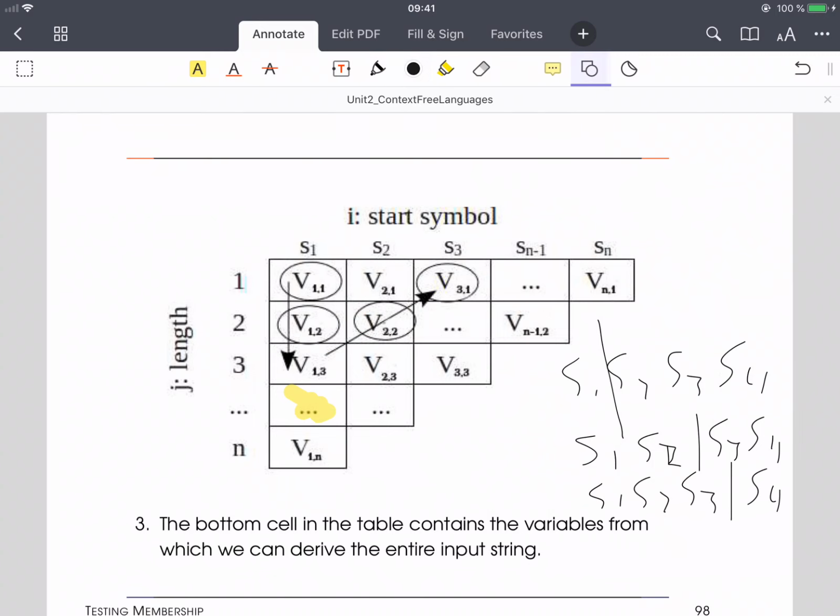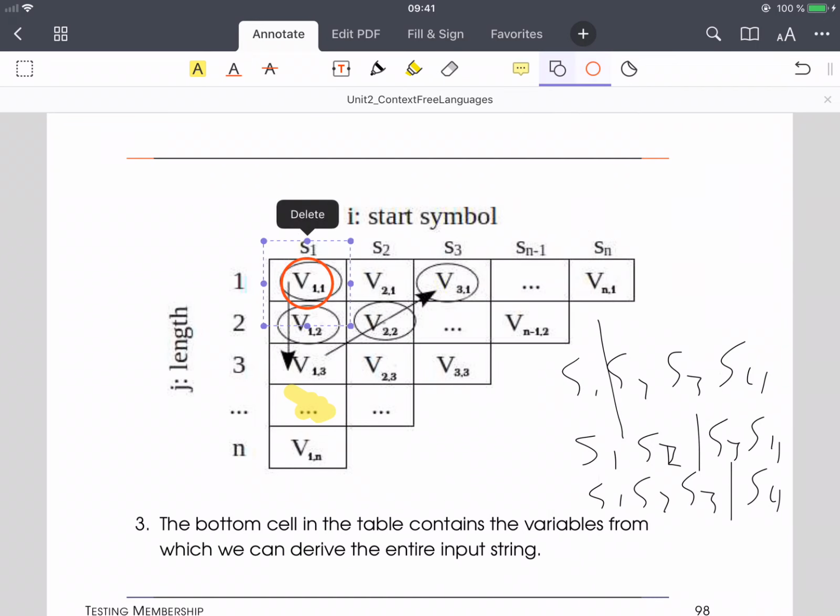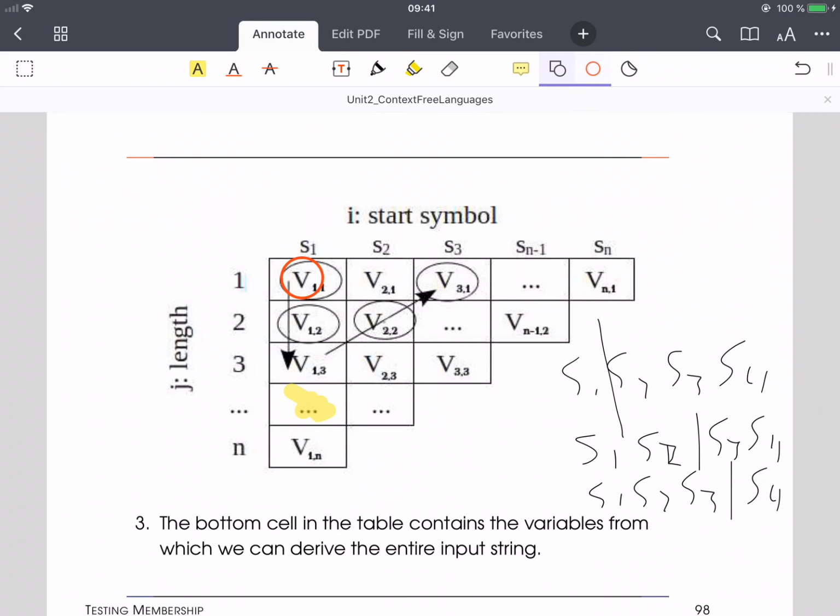So for this first possibility, we need to take a look at the variables in this cell together with the variables in this cell here. For the second possibility, we need to take a look at the variables in this cell. They generate S1, S2 together with the variables in this cell here.